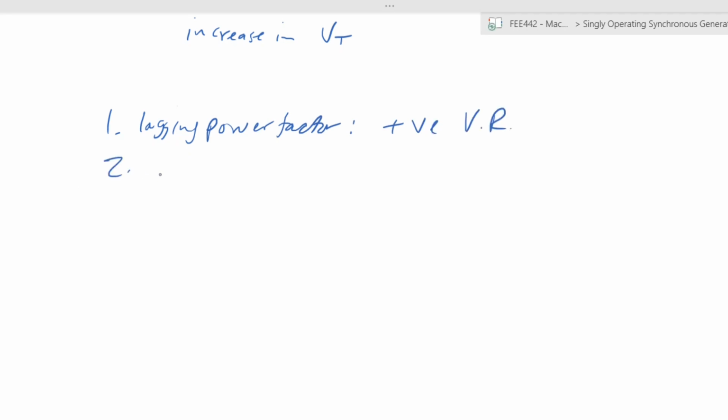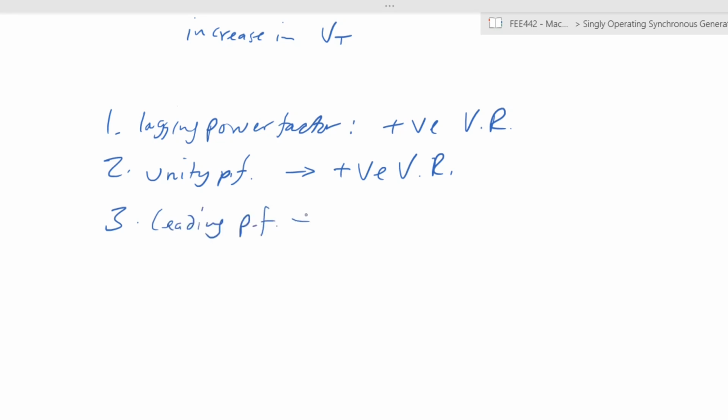When you have unity power factor, it leads to a slightly positive but still positive voltage regulation. And when you have a leading power factor, it leads to a negative voltage regulation. All right, those are the key things that you'll need to remember when you are applying loads to an electrical machine.